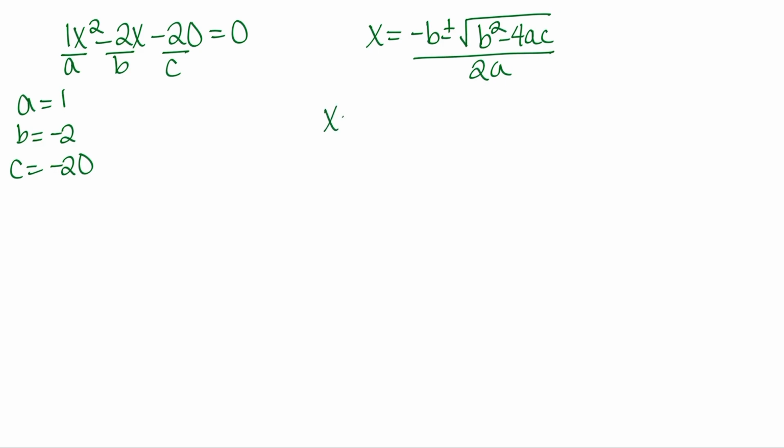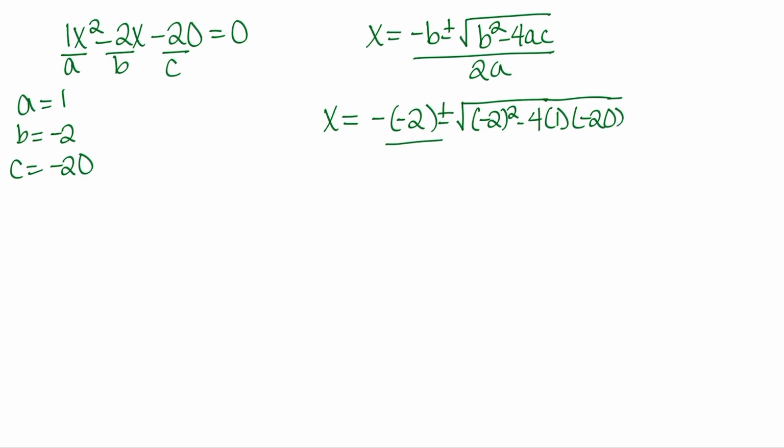So when we plug that in, we get x equals negative of b, so negative of negative 2, plus or minus the square root of negative 2 squared minus 4 times a, which is 1, times c, which is negative 20. And that's all divided by 2 times 1.